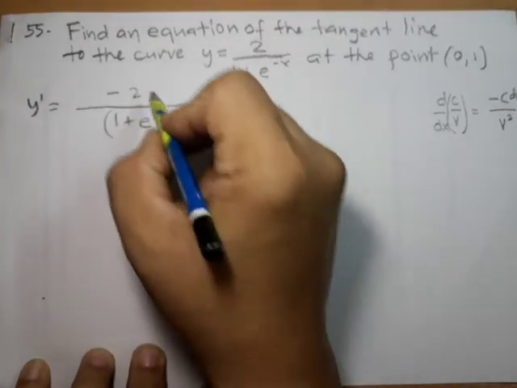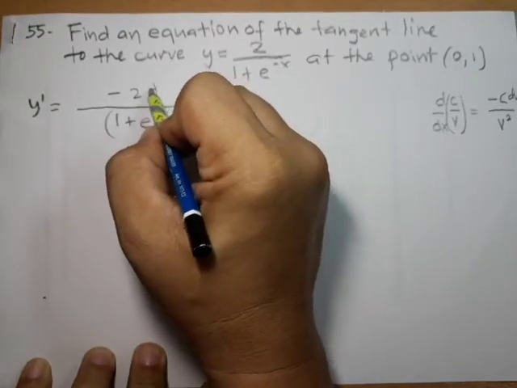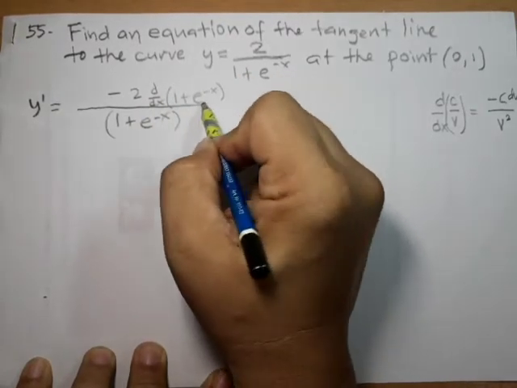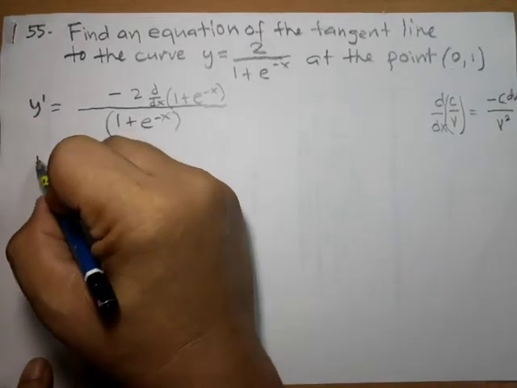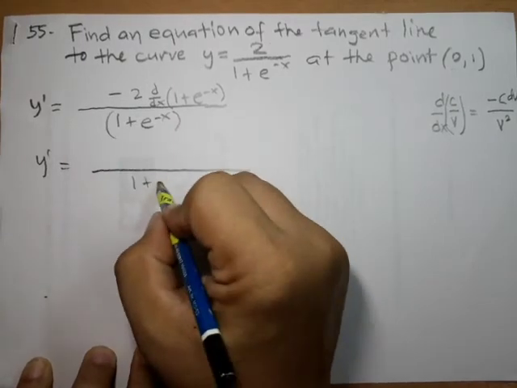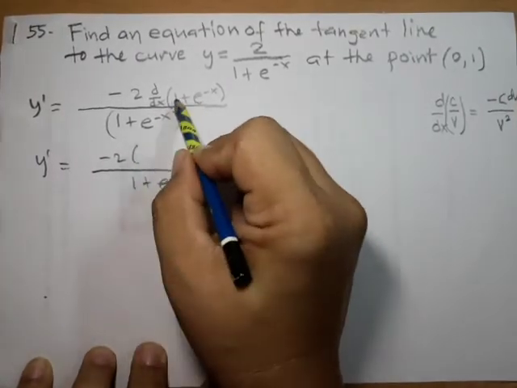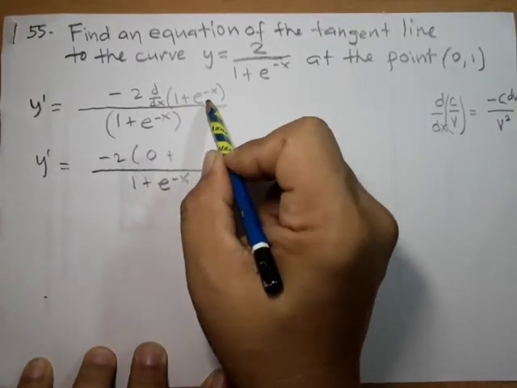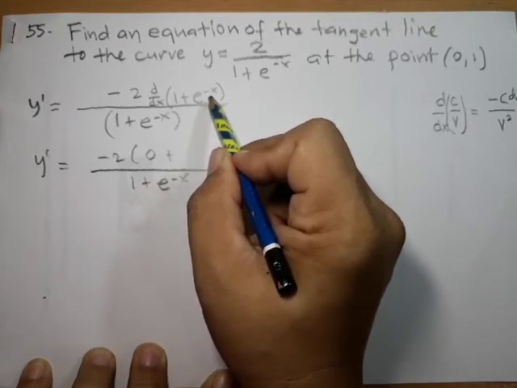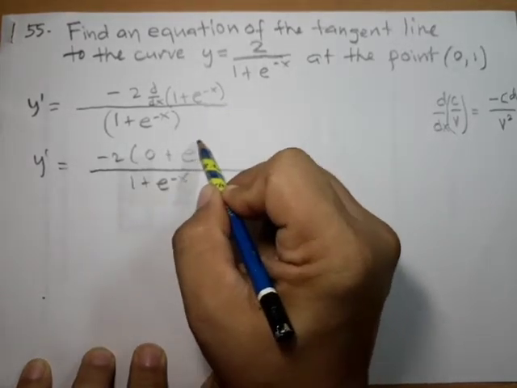Let me write it: the derivative of 1 plus e to the negative x, so that we can do it step by step. y prime is equal to negative 2 over (1 plus e to the negative x) squared times the derivative. What's the derivative of this? This one is a constant, so it's 0, plus, what's the derivative of this? It's e to the negative x itself.